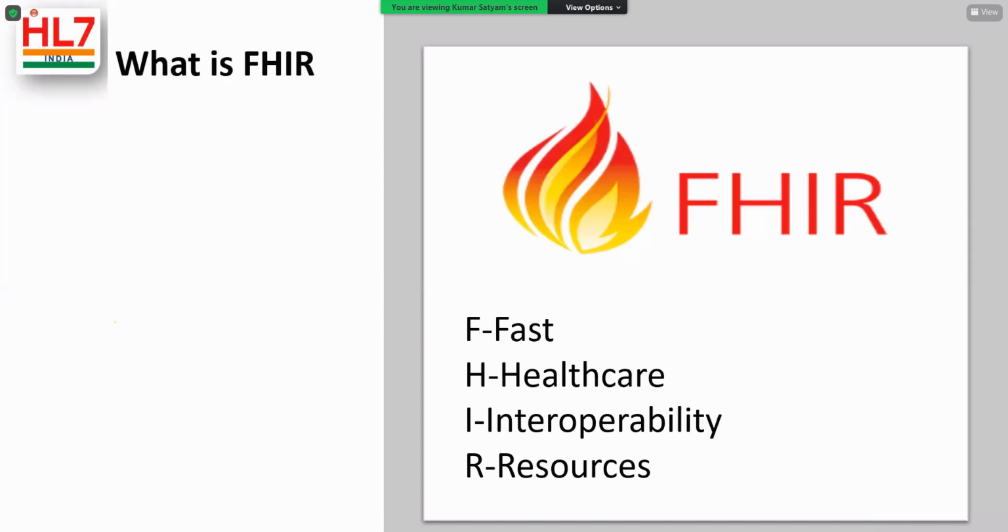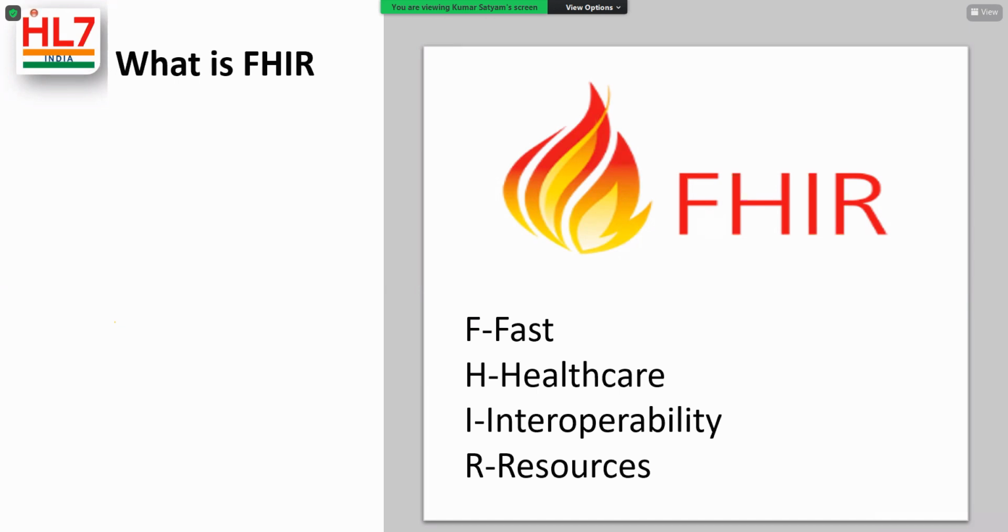FHIR stands for Fast Healthcare Interoperability Resources. Again, fast is relative. Compared to previously, adoption of FHIR will help interoperability faster. That's the subjective assumption there.